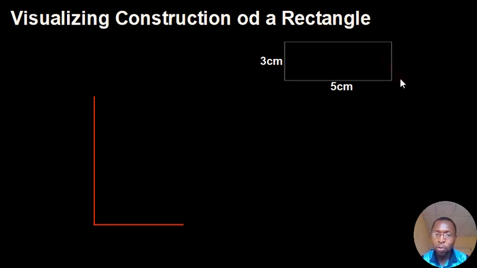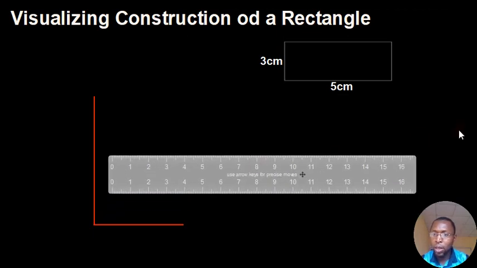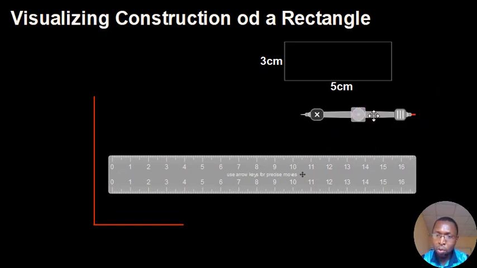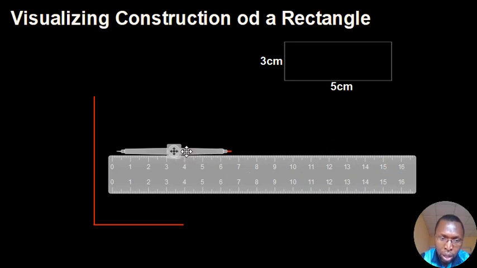And then, since this is 3 centimeters, all you need to do is get your ruler first, then get your compass. With your compass, you can now adjust the radius to 3 centimeters since the breadth is 3 centimeters. So this is from 0.